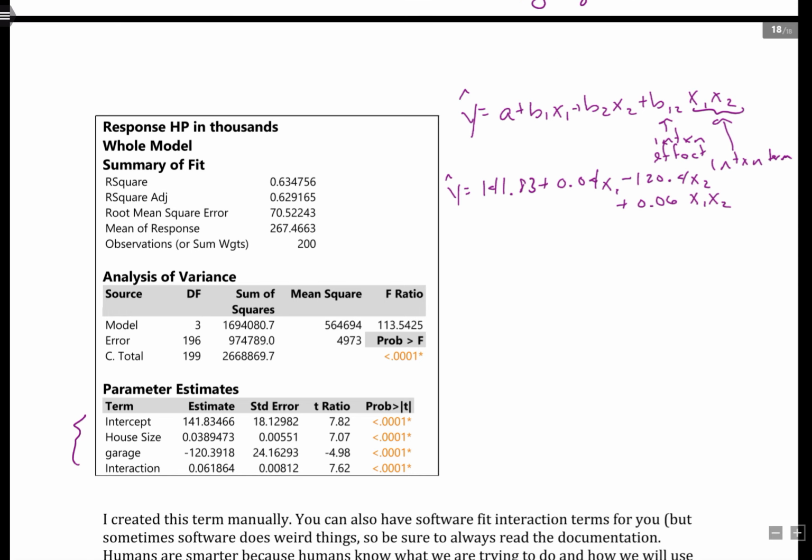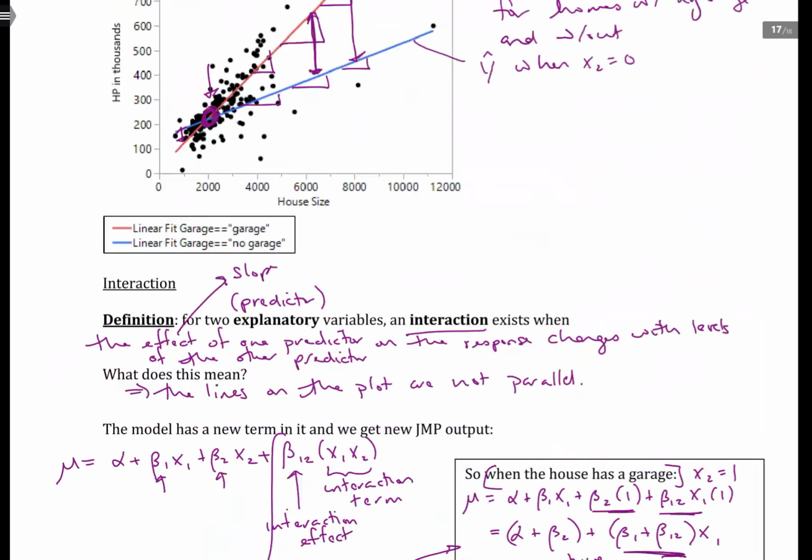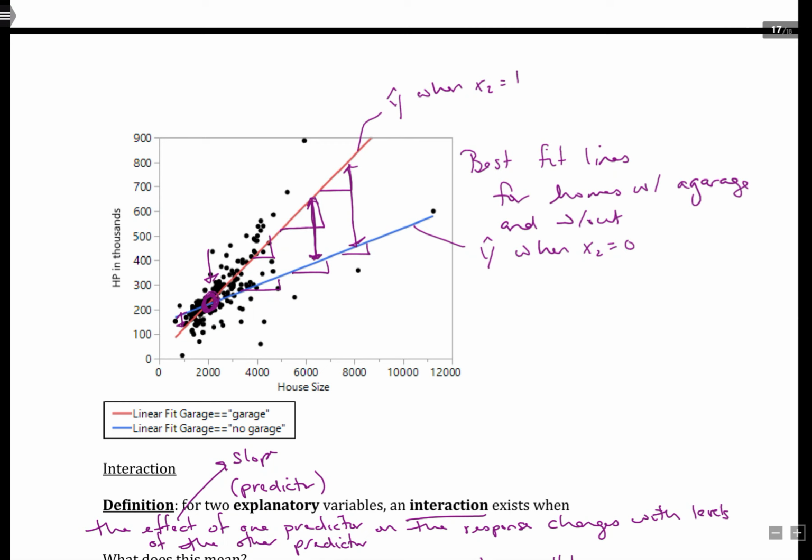Does it make sense that this term is negative? That this intercept B2 is negative? Looking at the plot, it does, because the red line has a lower intercept than the blue line.